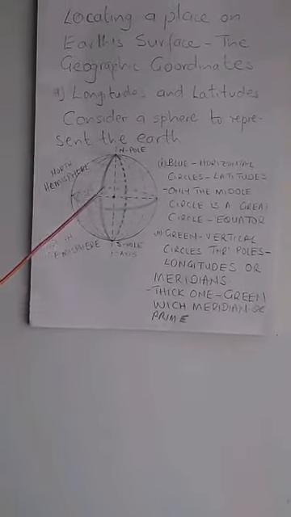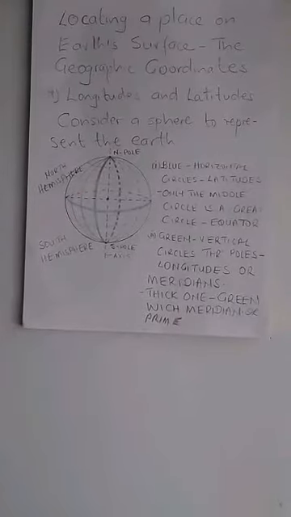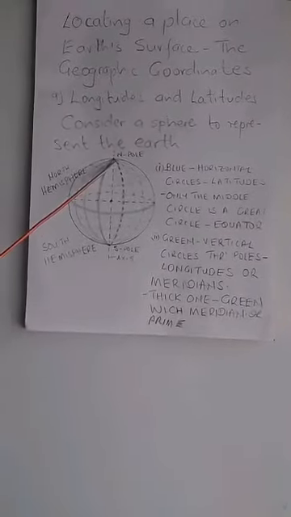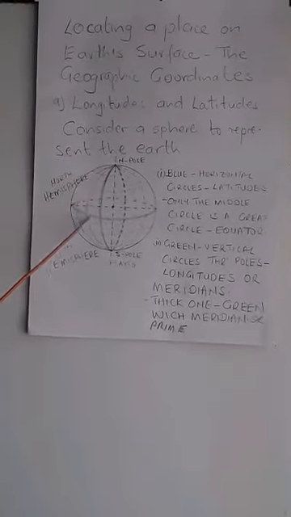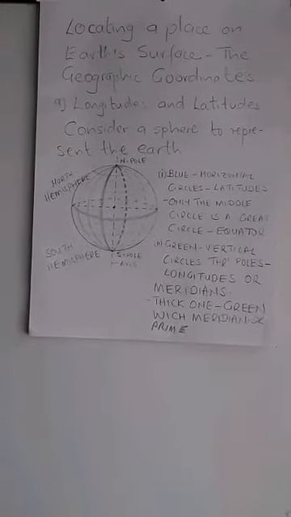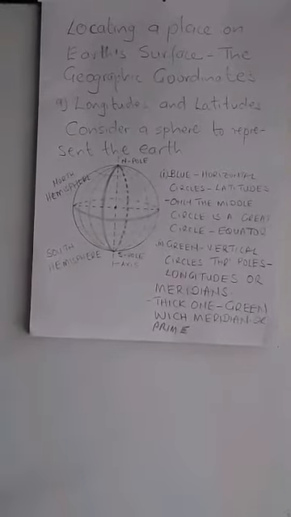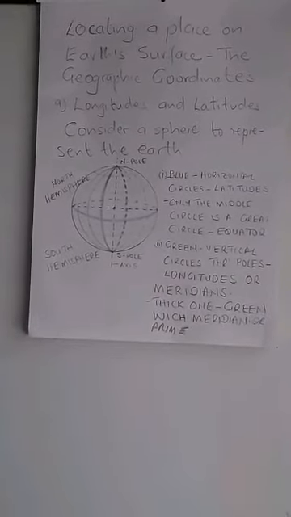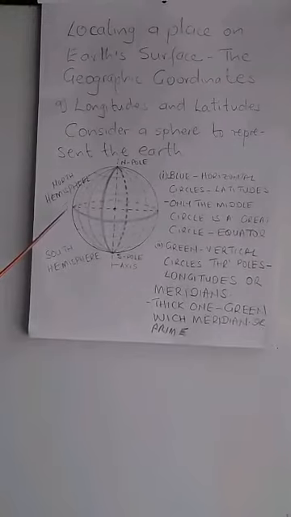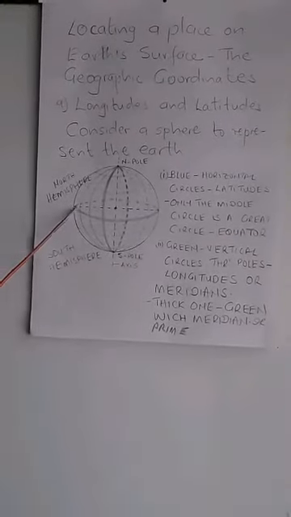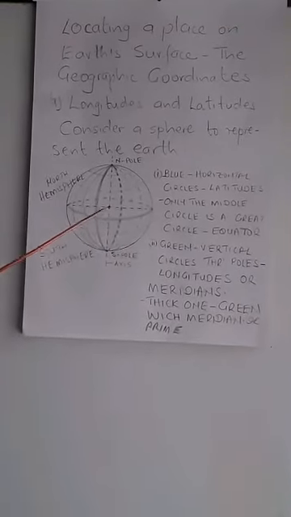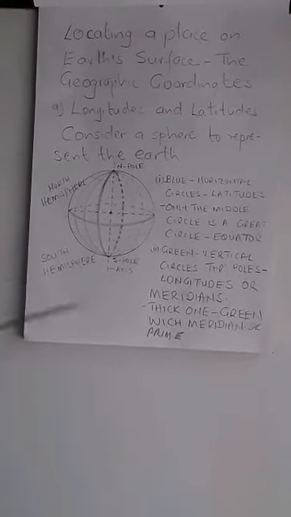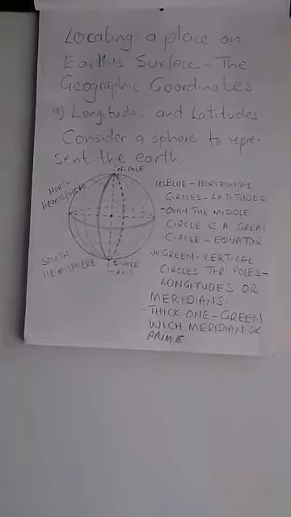Then, looking at the vertical circles, they all pass through the poles, from North Pole to South Pole and back. We call them longitudes or meridians. But just as we have one that divides the Earth into a northern and southern hemisphere, we also label one.